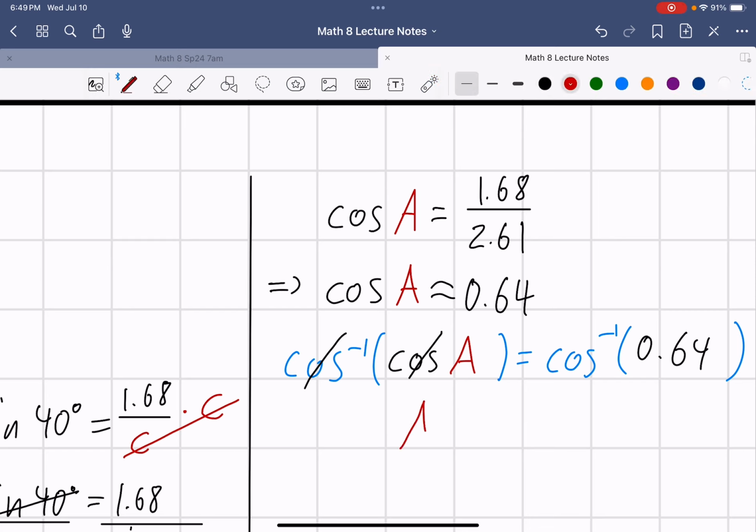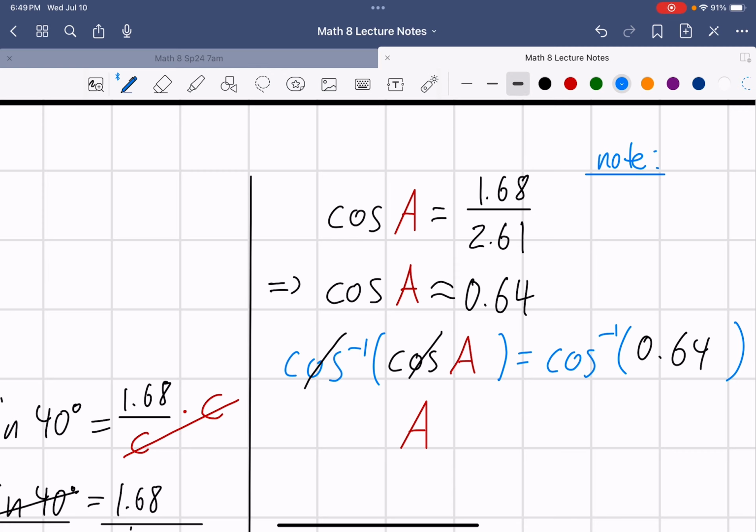And that allows me to be left with the argument, right? If I make a quick note again on this right hand corner, I'm using the property of inverses.